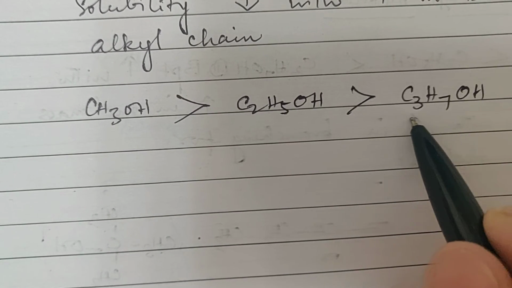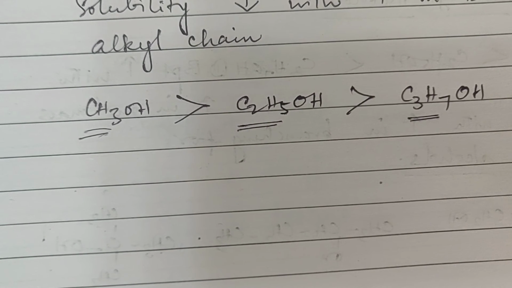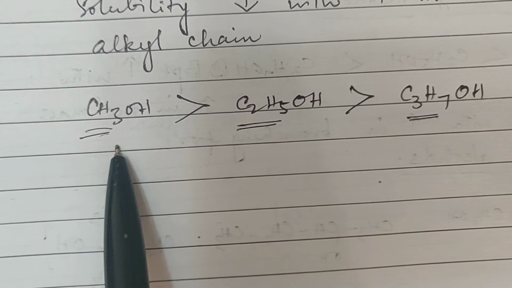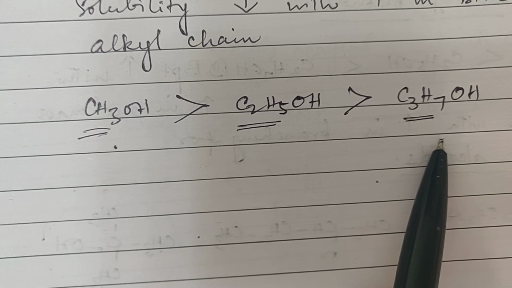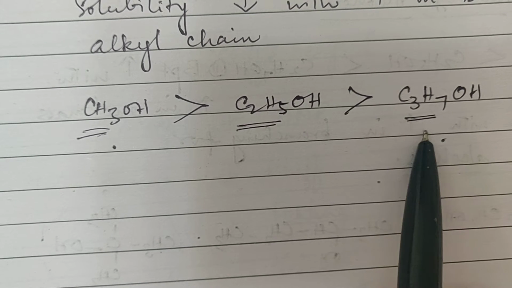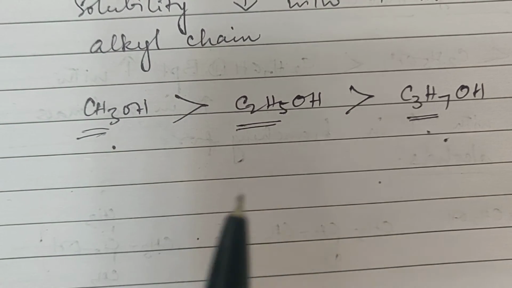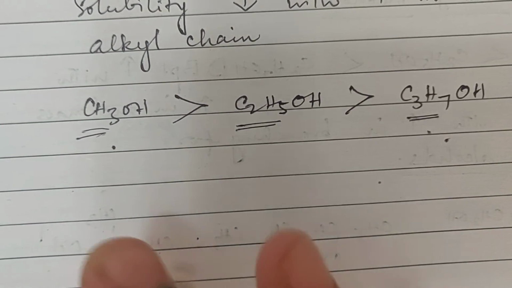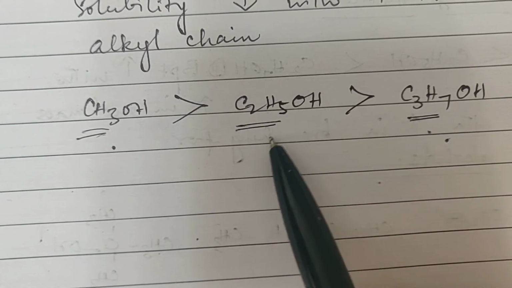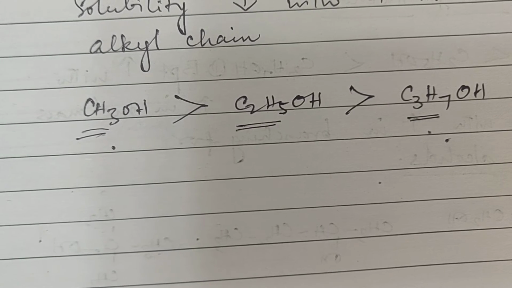So the size of the alkyl group will decide the solubility. This will be highly soluble and this will be least soluble. If the size of the alkyl group is more, then the solubility will be less. In general, alcohols are miscible with water in all proportions; with a smaller alkyl group, the solubility is much greater.